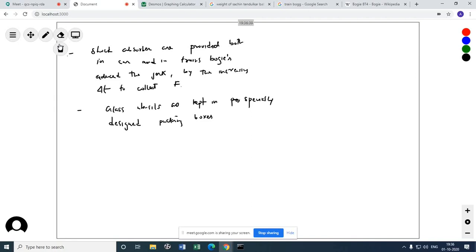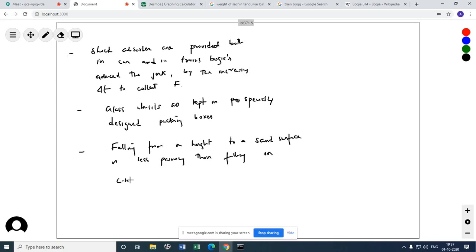Wait a minute, the last point. Another example: falling from a height to a sand surface is less painful than falling on a concrete floor.